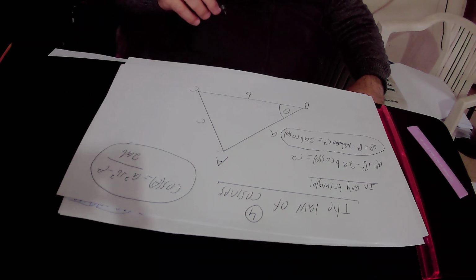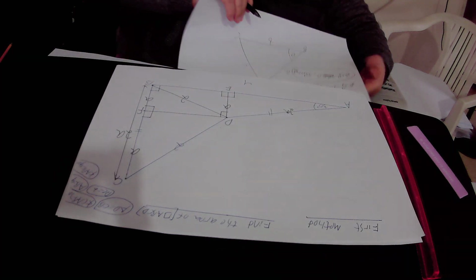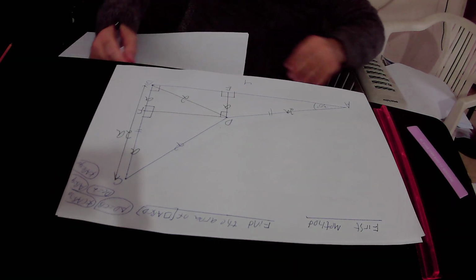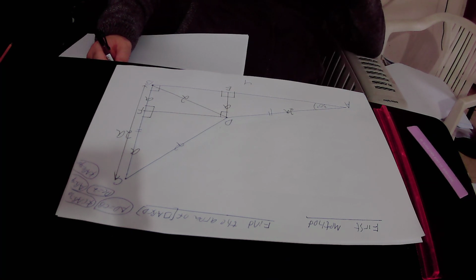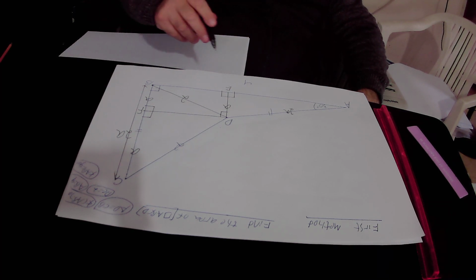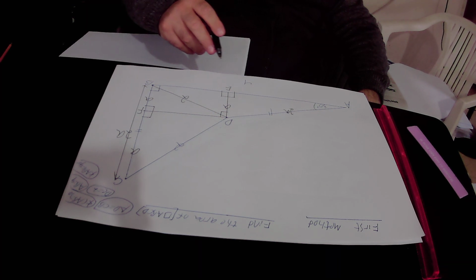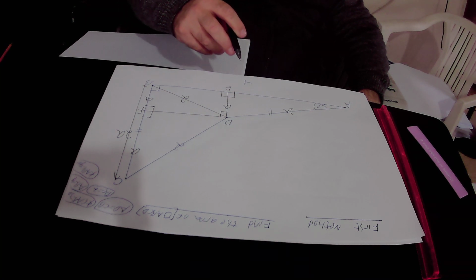We can actually implement the law of cosines in our drawing. We will implement the law of cosines in triangle ADB. So I will copy triangle ADB in a new page, and we will implement the law of cosines in this triangle.